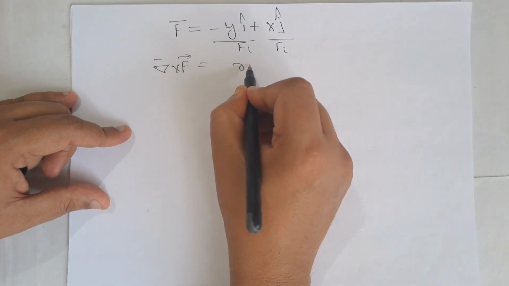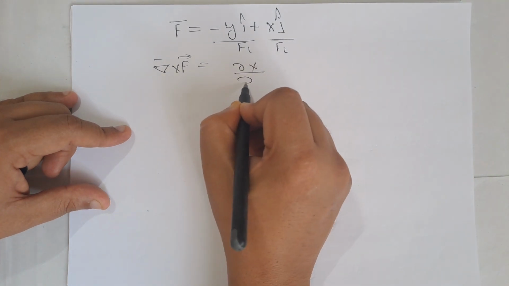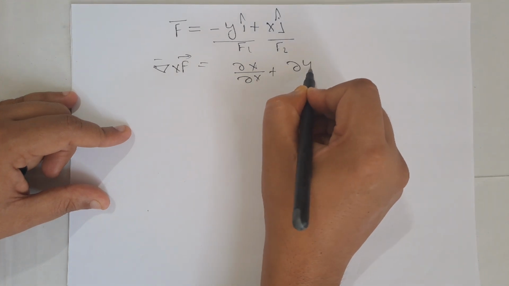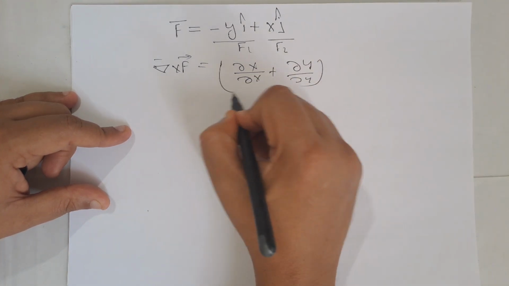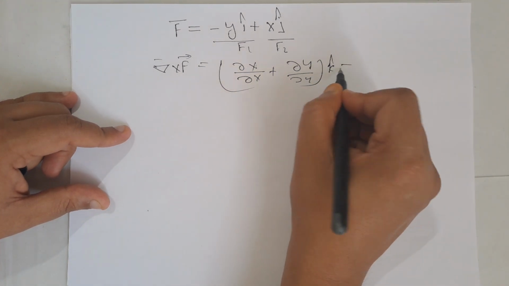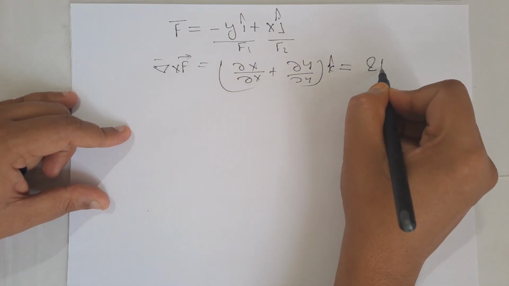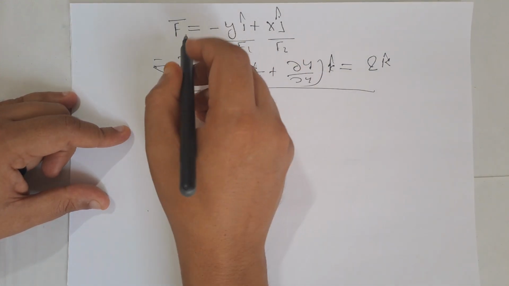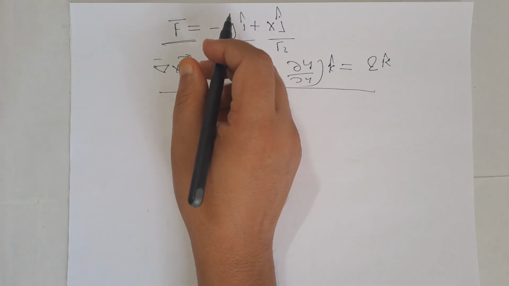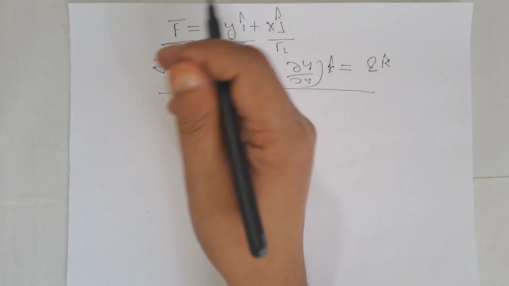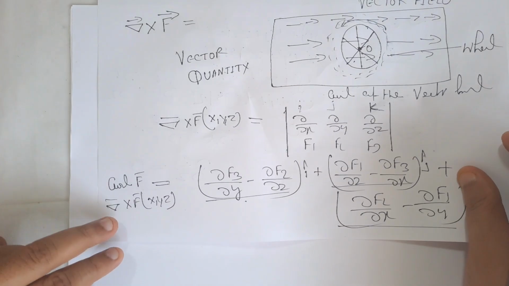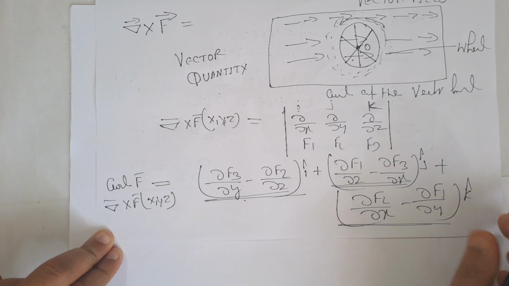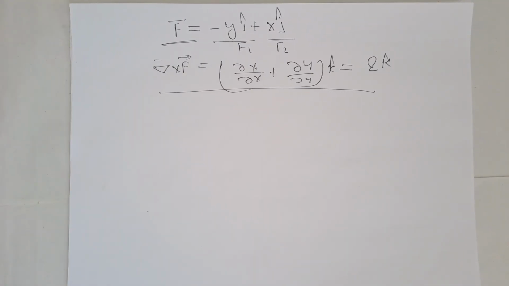So this will become (del x by del x plus del y by del y) k, which is equal to 2k. This is the curl of this vector field F. So we can easily calculate the curl of a vector field with the help of this formula.